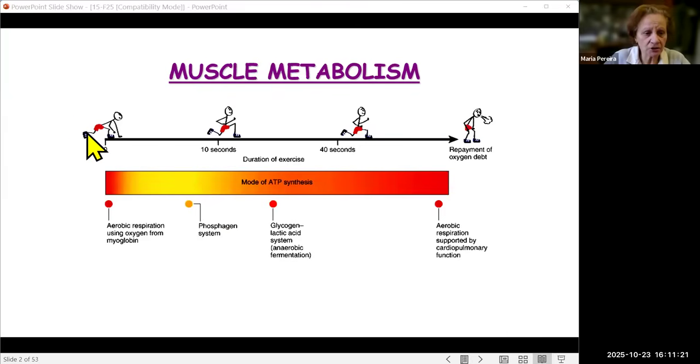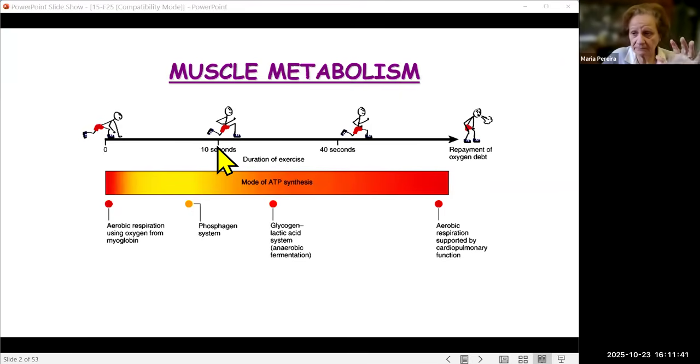Okay, so you see here this cartoon, this person is running for several seconds. So from the beginning, what is the first source of ATP that is being used by the muscle fibers? It's the phosphagen system. So it's good for about 10 seconds.